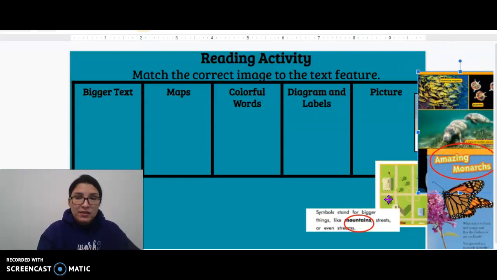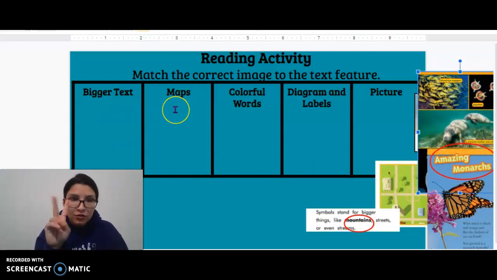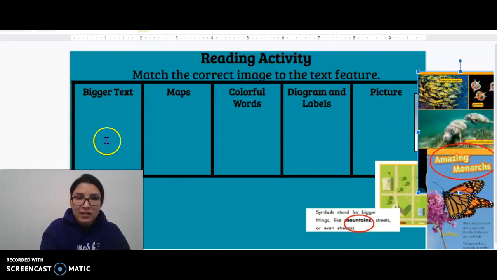I need your help to put it in the correct place. So go ahead and do this with me. 1 finger for bigger text, 2 fingers for map, 3 fingers for colorful words, 4 fingers for diagram and labels, and 5 fingers for picture.